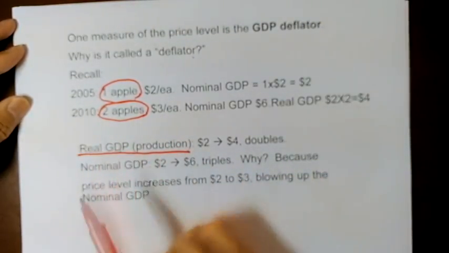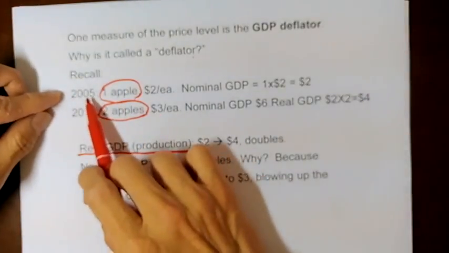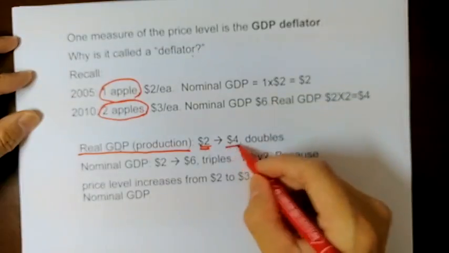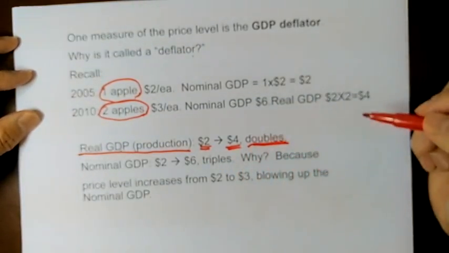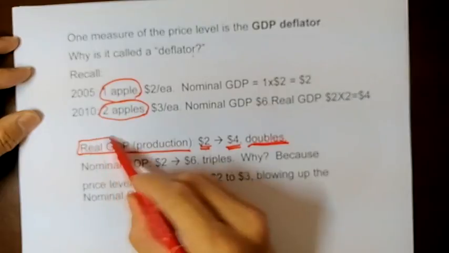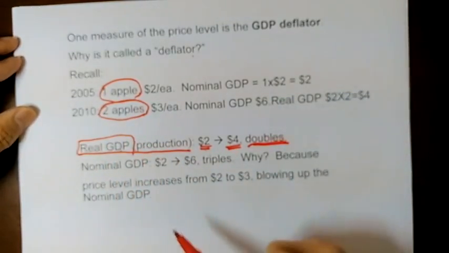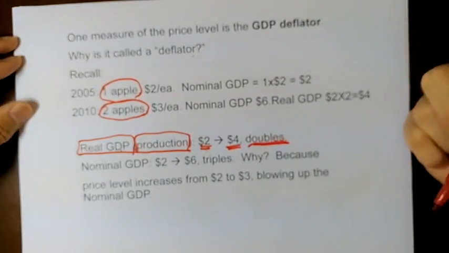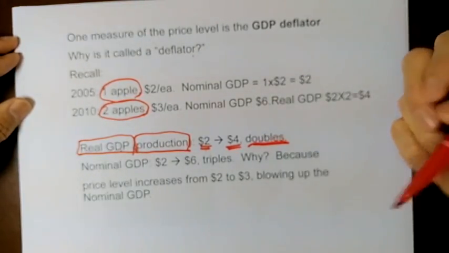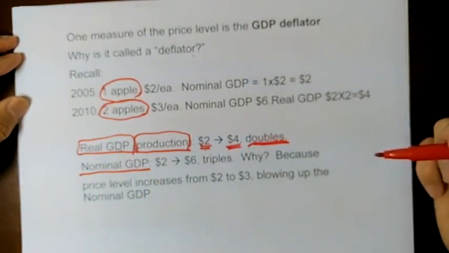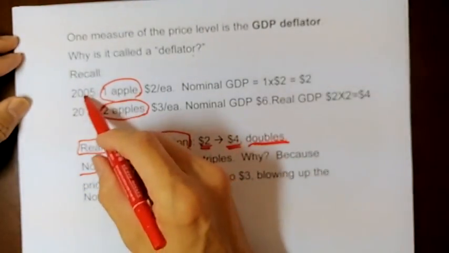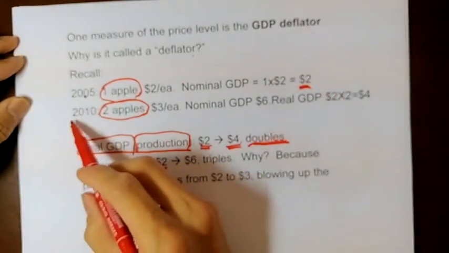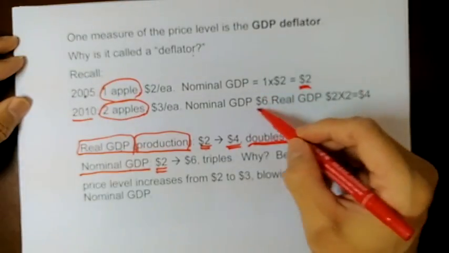Now let's check real GDP. Real GDP in 2005 is $2. Real GDP in 2010 is $4. So it doubles. Therefore, real GDP is used to measure the real production going from 1 apple to 2 apples. Now let's check the nominal GDP. Nominal GDP in 2005 is $2, and nominal GDP in 2010 is $6.